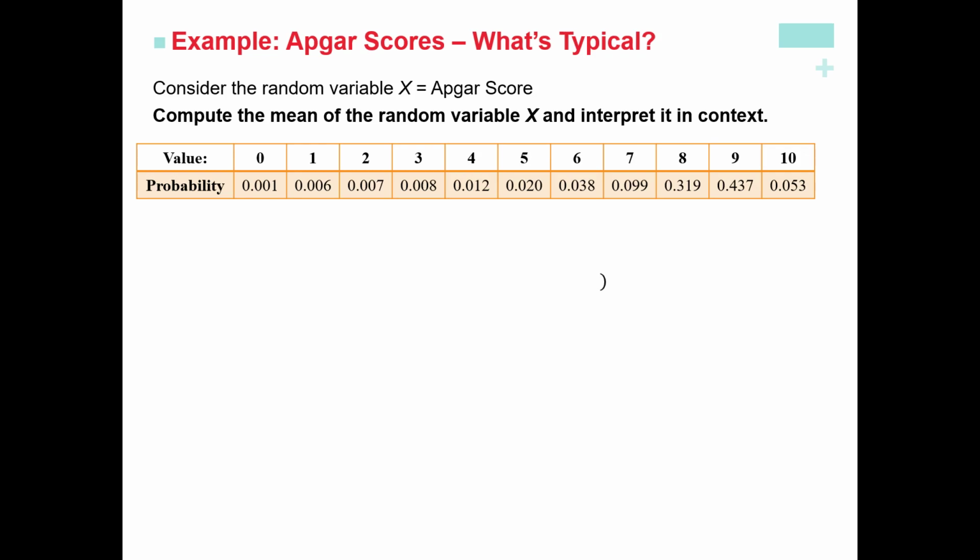Okay. Looking back at APGAR scores, what we want to do here is compute the mean of the random variable X. In this case, X is an APGAR score, and we want to interpret that in context. So remember, here's our formula. The mean, or the expected value, is going to be the sum of the X's times the P's.